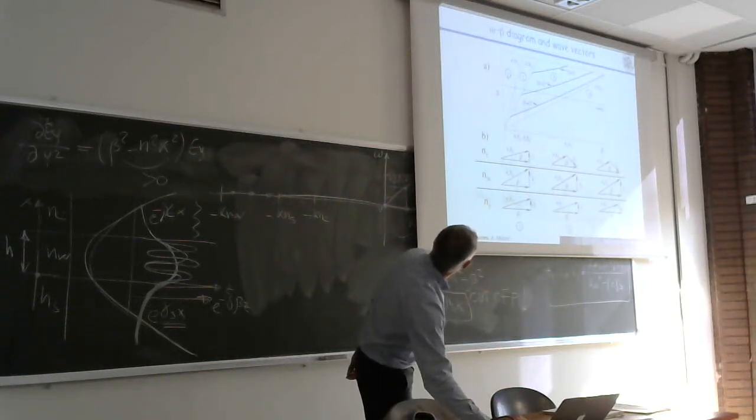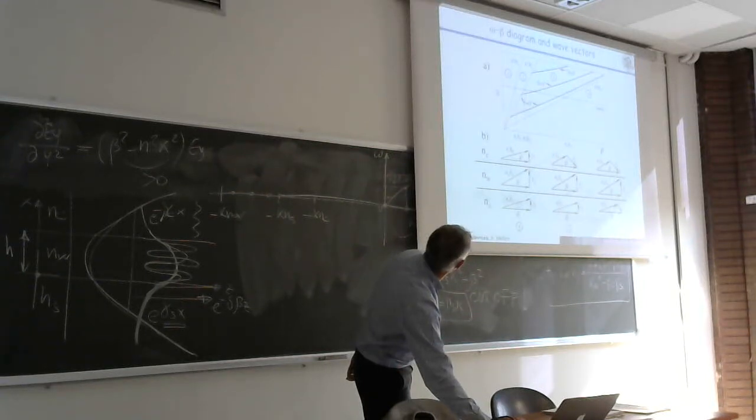And this is the cutoff. If you stay here at this frequency, you have two guided modes, 1 and 2. If you move down, at some point you arrive here, you have one guided mode, and this one is at the cutoff. So if you increase a little bit, it's guided.